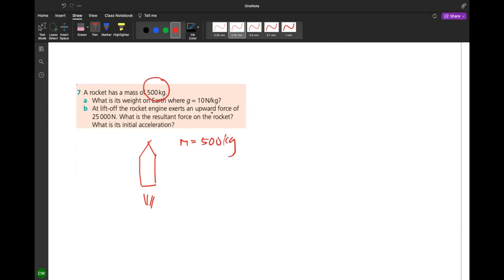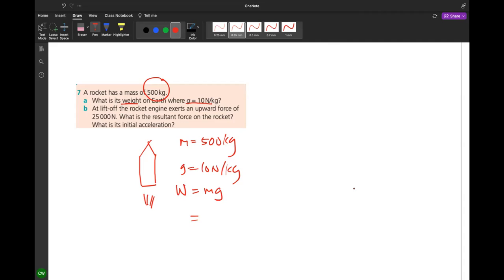What is the weight when g is 10? Now g is 10. Can you find the weight? W equals what? Weight is mg. Can you find the final answer?